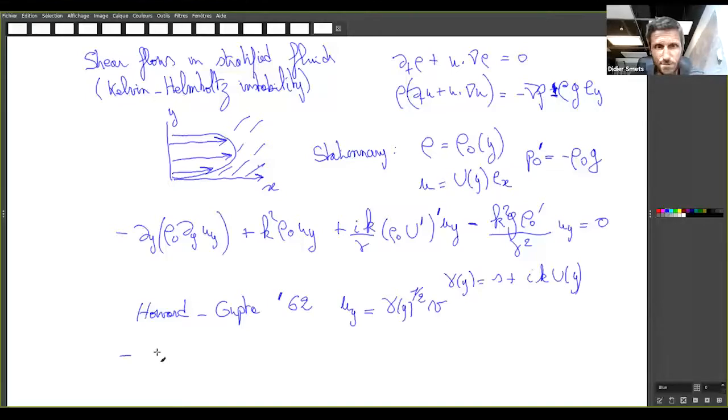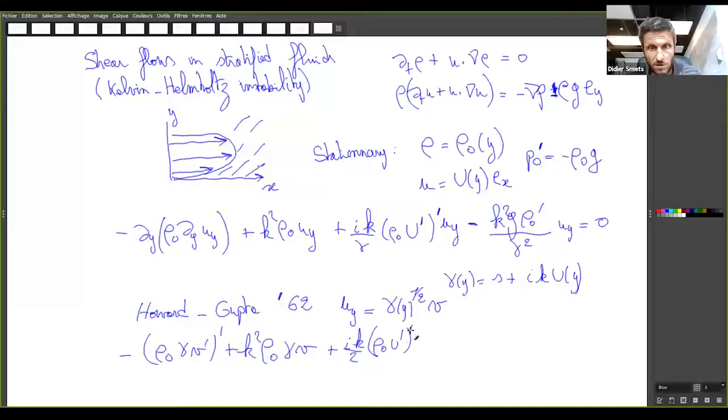Let me skip the y now and just put primes on the functions. It will be quicker to write. Still this second order equation: k squared rho naught gamma v plus ik over 2 rho naught u prime v. So it's always a second order term plus a zero order term. There's never a first order term.